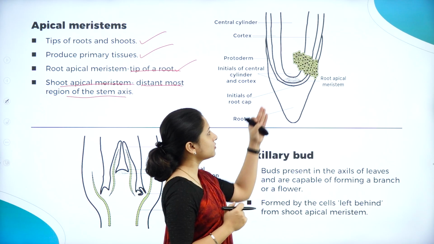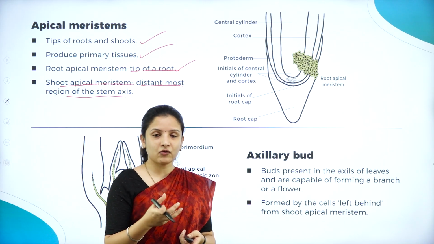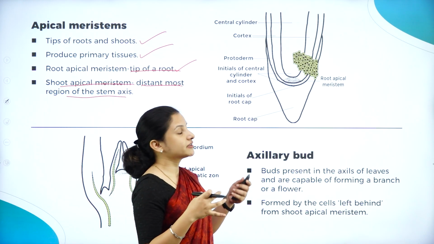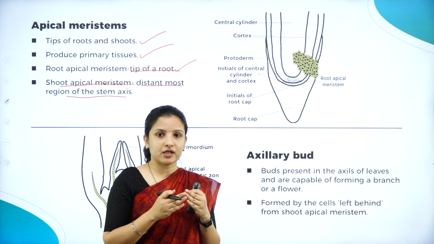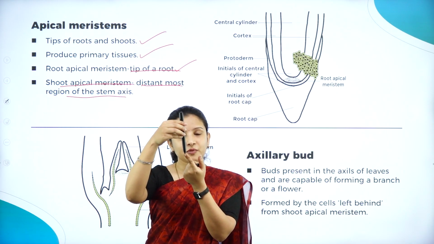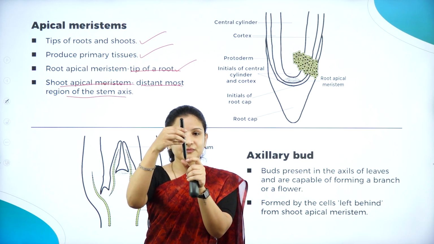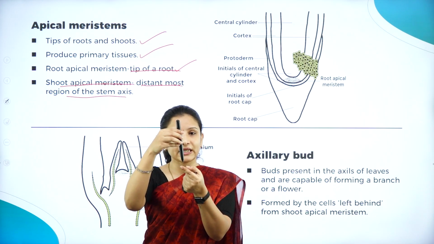So in the root apical meristem, since numerous young cells are there which are very fragile because they are not mature, they need to be protected. Why? Because imagine this is a root and here at the tip the root apical meristem is present. When the apical meristems are actively dividing, the root will increase in length.